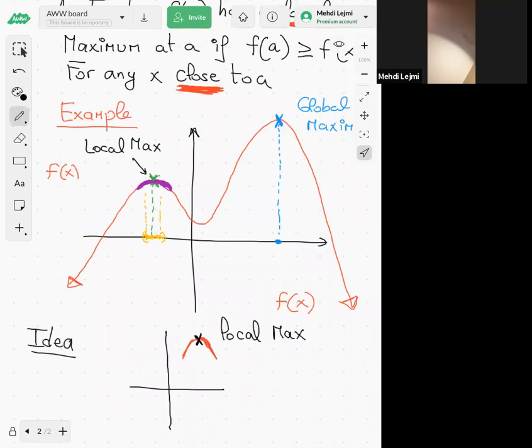Whenever you have a parabola which opens downward, then you would have a local maximum. It doesn't matter what happens to the rest of the graph.